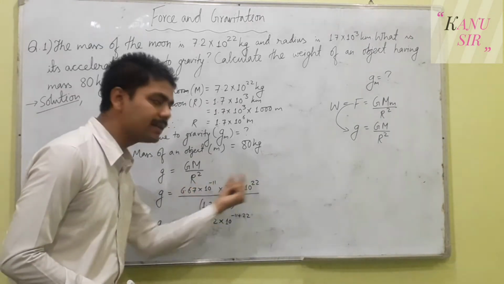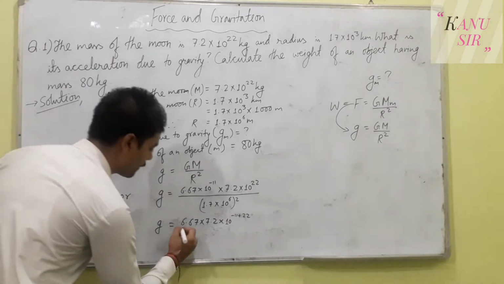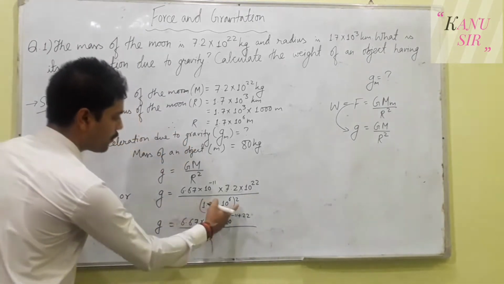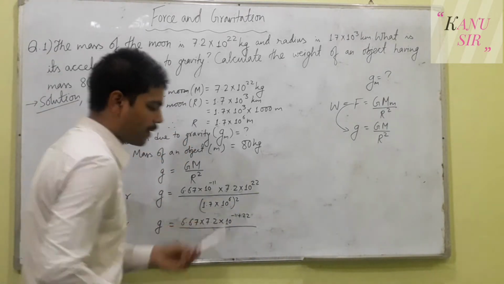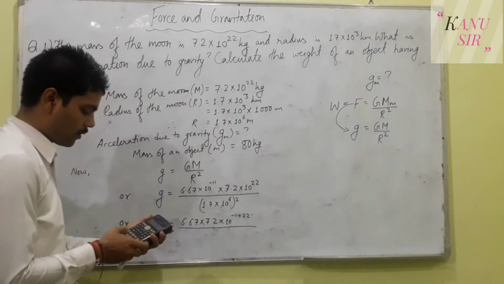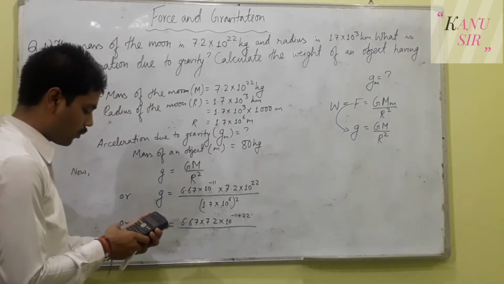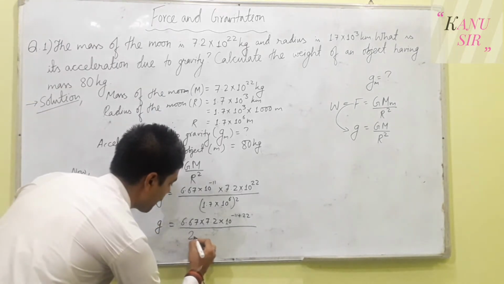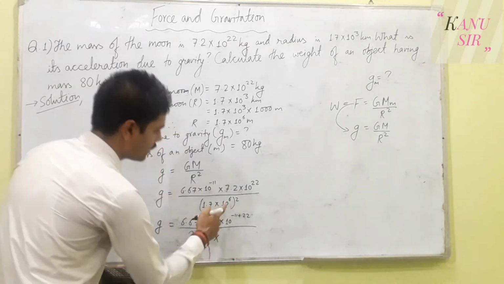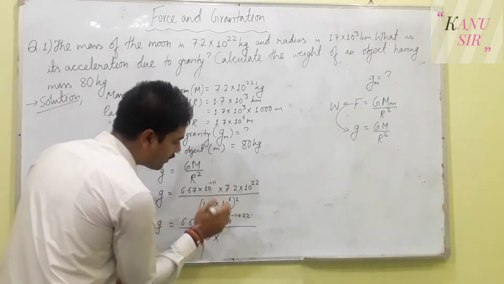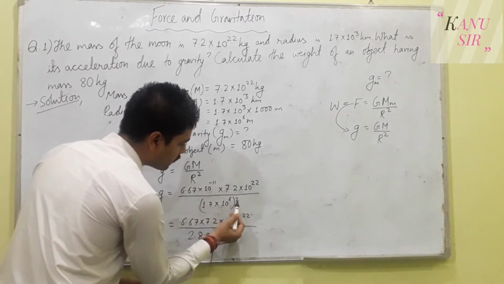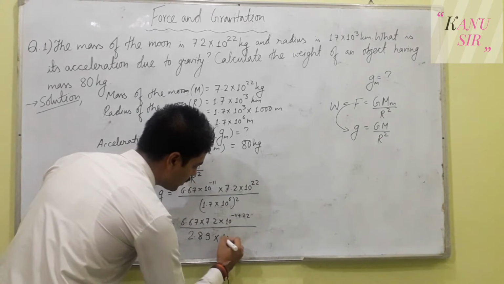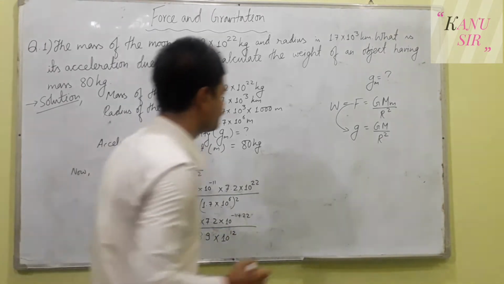And the same way for 1.7 into 10 to the power 6 whole square, you can use your calculator and just square 1.7, you will get 2.89 into 10 to the power 6 times 2, it means directly you can multiply the indices, 6 times 2 is 12, 10 to the power 12.